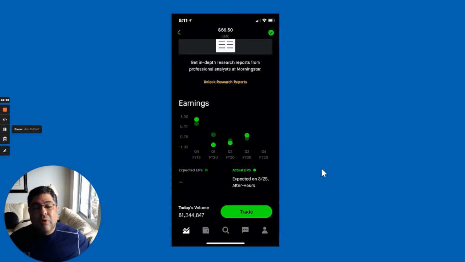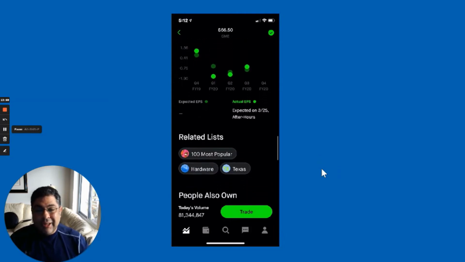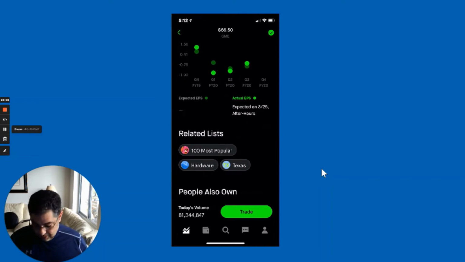That's why Q4 is not there, or maybe they haven't had their report yet. Every quarter there is a conference call where they basically talk about the results that they have to report to the SEC.